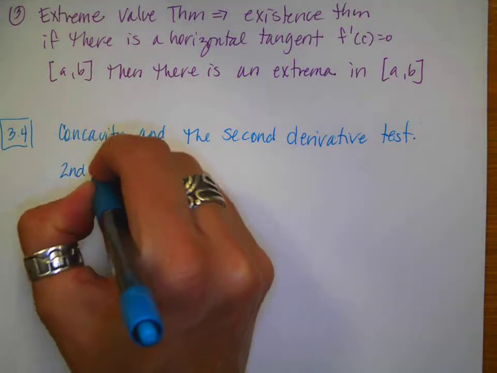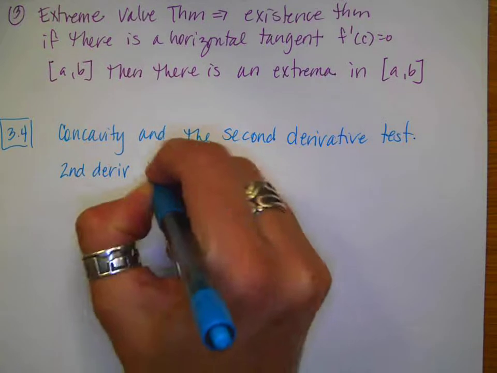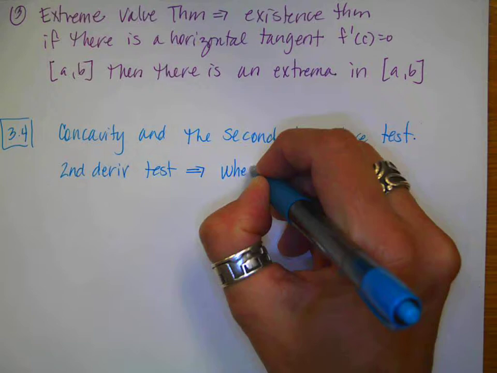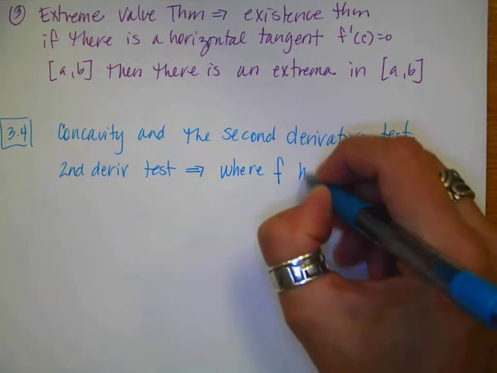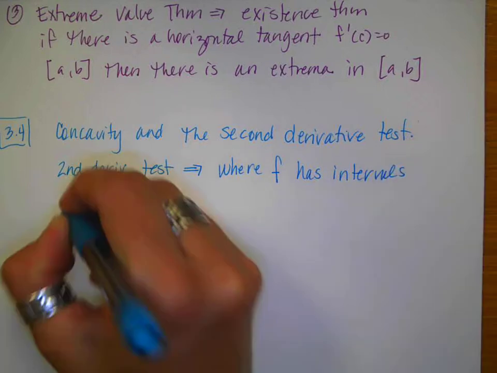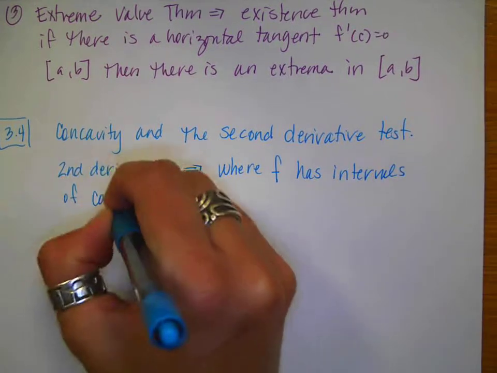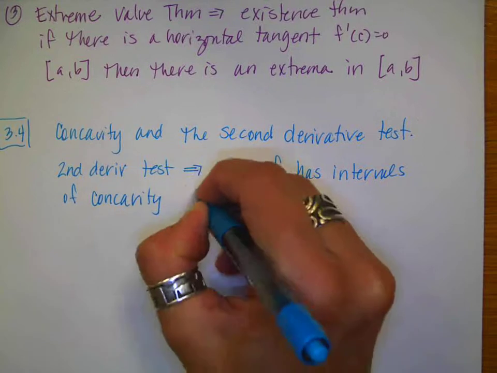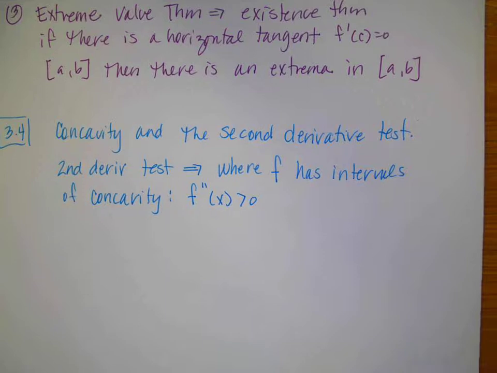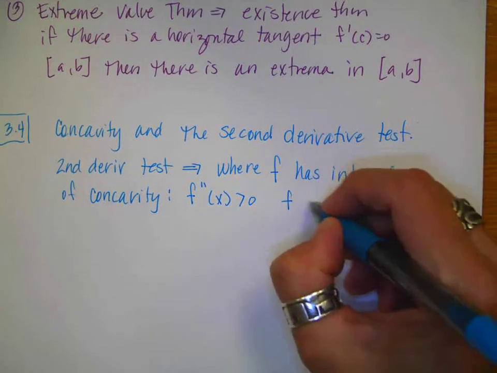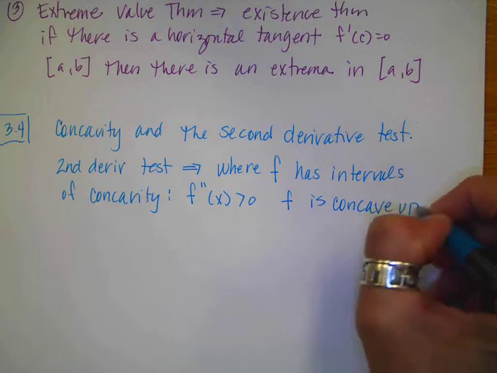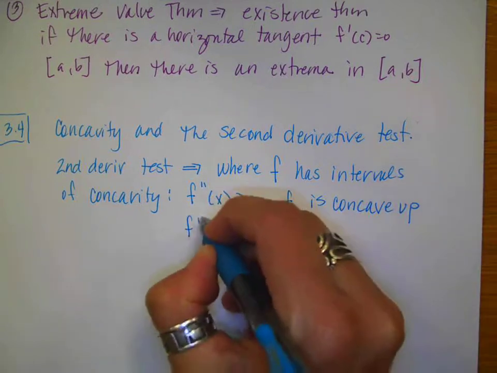The second derivative test is going to show where the function has intervals of concavity, and if my second derivative is positive, then I know that f is concave up.